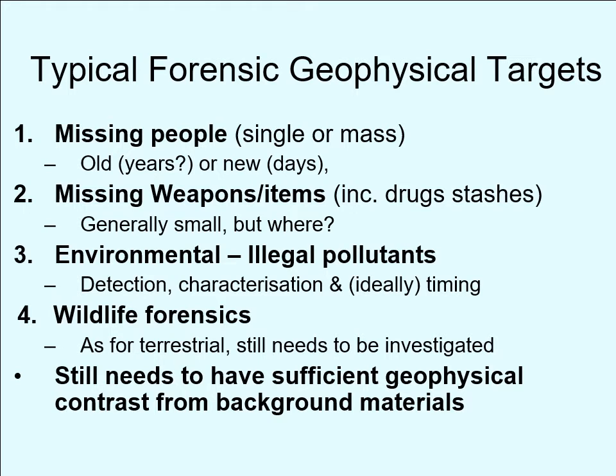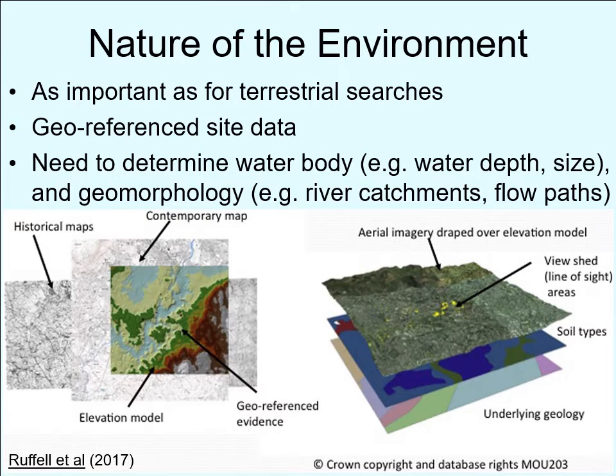So again, as per the terrestrial methods, there needs to be some geophysical contrast between your target and the background materials. And the nature of the environment is as important as for terrestrial searches. So certainly a desk study is really critical before you go in the field, and usually that'll be in some sort of georeferenced system these days.